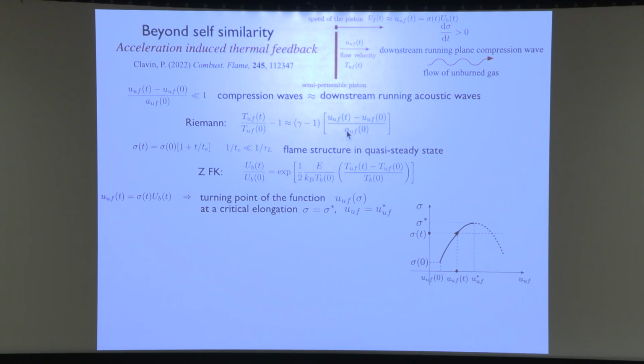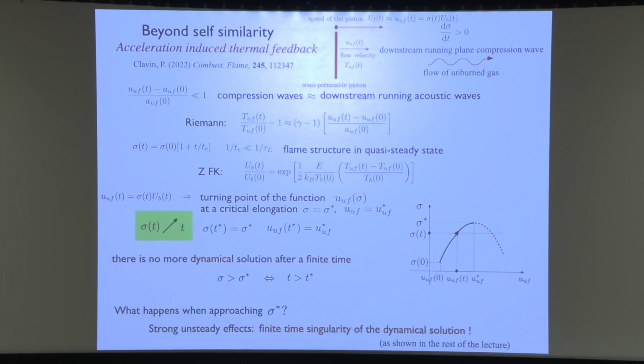Now you use the Zeldovich-Frank-Kamenetskii result, telling you that the flame speed increases exponentially with the temperature. And now once again you find a turning point, telling you that there is no more dynamical solution.